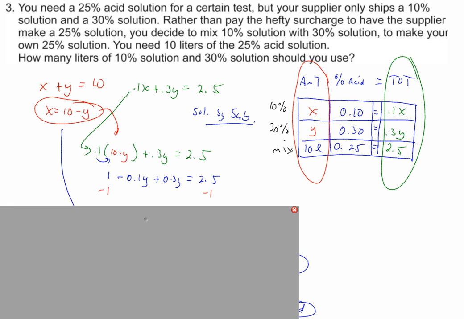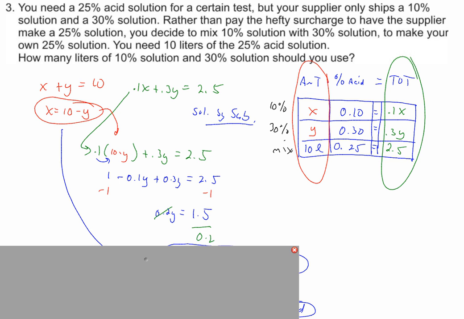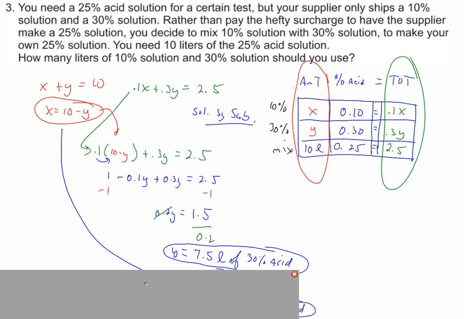I added a negative 1 to both sides to move my 1. I also added my like terms, which was 0.2y. So I divided both sides by 0.2, and I got 7.5 liters. And I looked at what y was in my chart, and y was the 30% acid. So therefore I said 7.5 liters of 30% acid. How many had that?